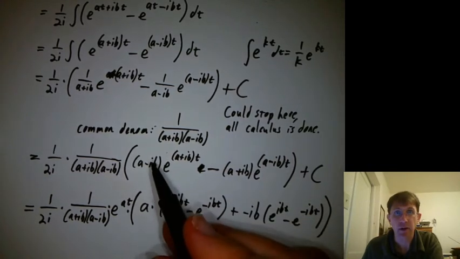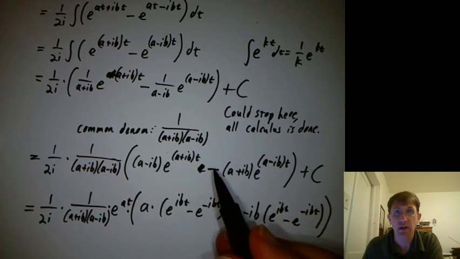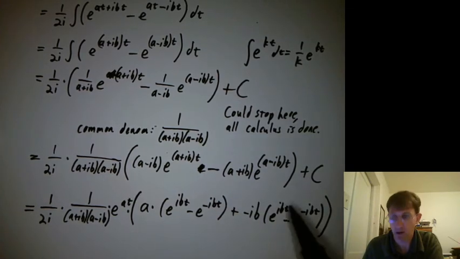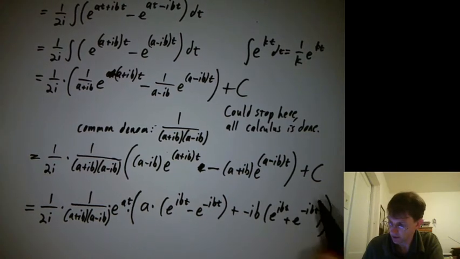Whoops, I've got to look at my minuses here. I have a minus ibt and a minus ibt, so I actually have two ibt's that are each positive if I've got the negative out there.